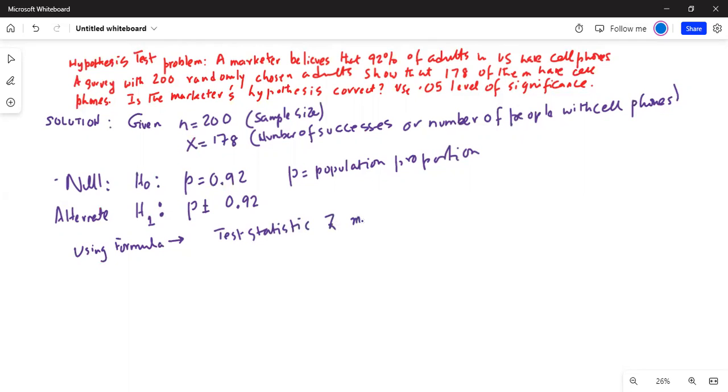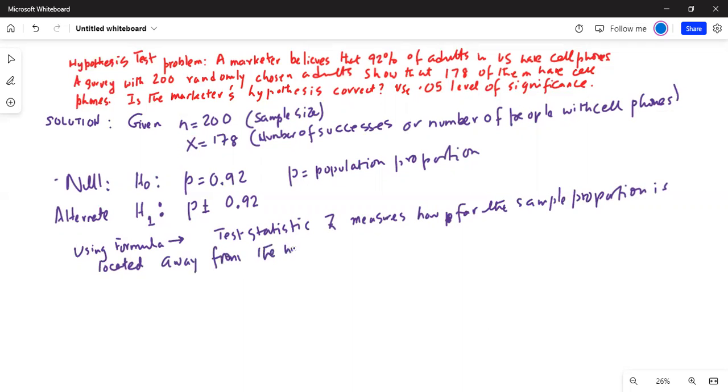Z measures how far the sample proportion is located away from the hypothesized population proportion in terms of standard deviation of the population.